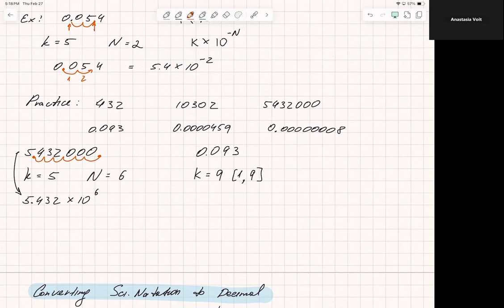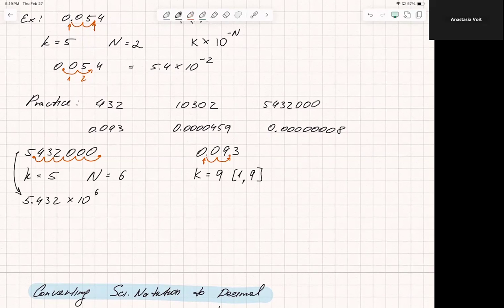That means we need to put the decimal place right after this 9, but originally the decimal point is located right after 0. So we need to move the decimal point 1, 2 units to the right.